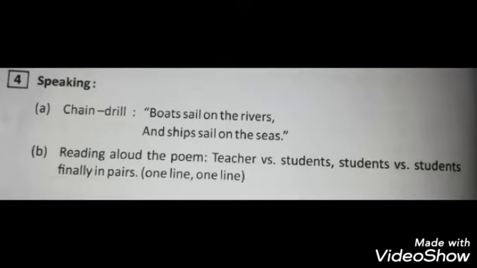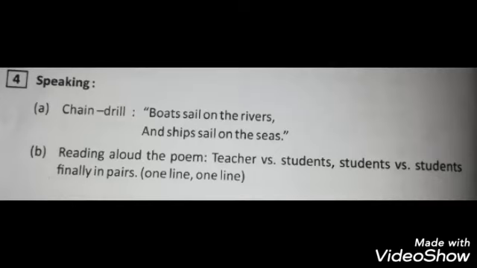Then students versus students, we can also make two groups among the students. First group students will say the first line, second group students will say the second line. In this way the whole poem will be recited.